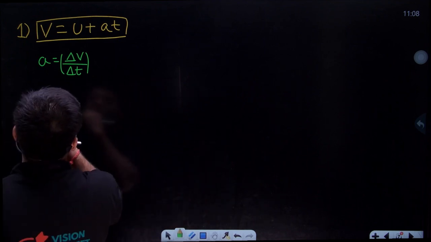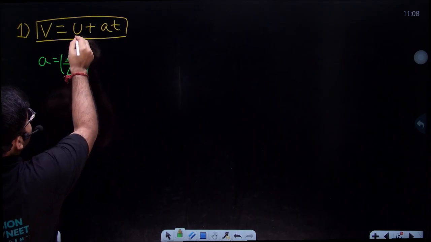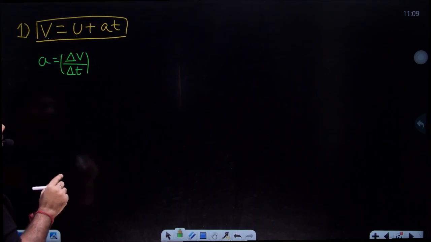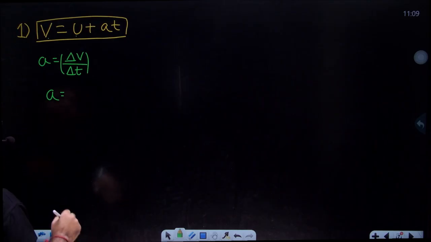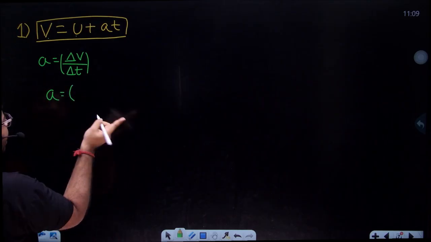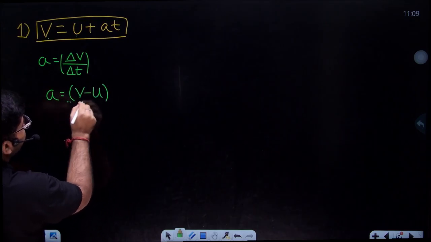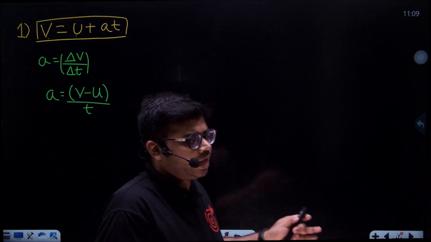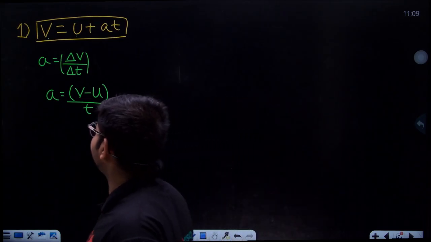Okay. Now, if that is the case, then if my initial velocity is u and my final velocity is v, then what can I say my acceleration to be? I can say that the delta v is nothing but final minus initial, so v minus u upon the time t. If I am calculating from t is equal to 0 to t equal to t, then I can say that acceleration is nothing but v minus u by t.